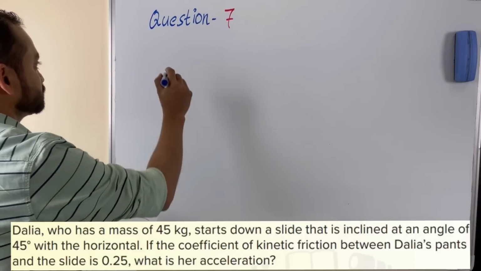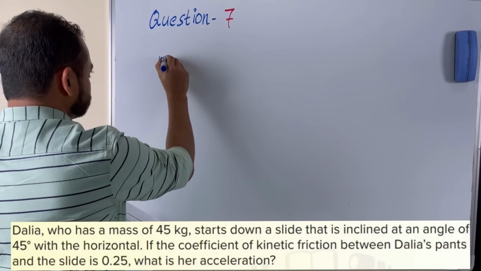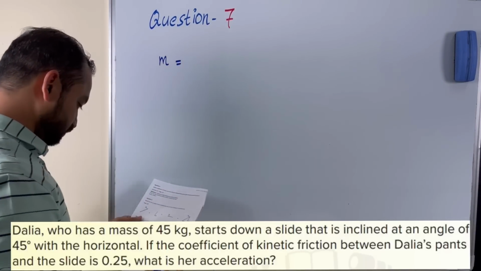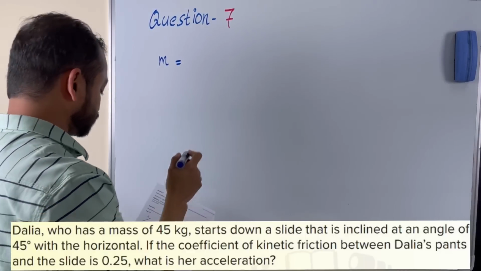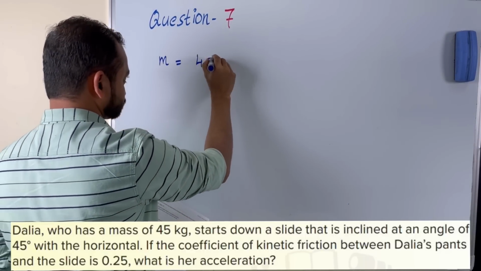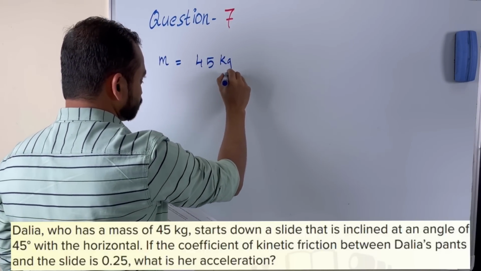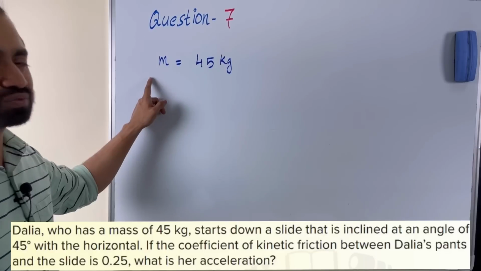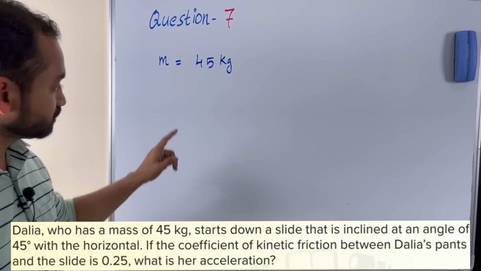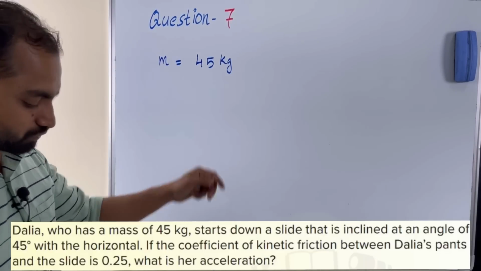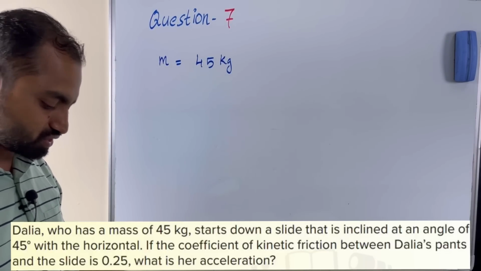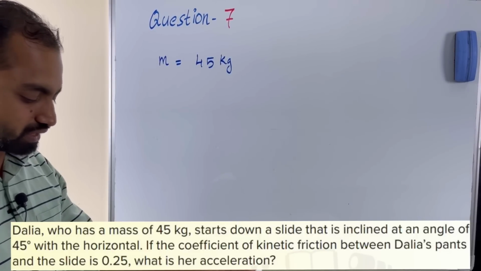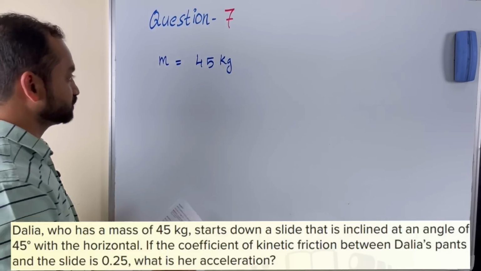Dahlia, who has a mass, the mass of the girl that we will represent by the letter M, that is 45 kilogram. M is mass, okay, not meter. Starts down a slide that is inclined at an angle of 45 degree with the horizontal.